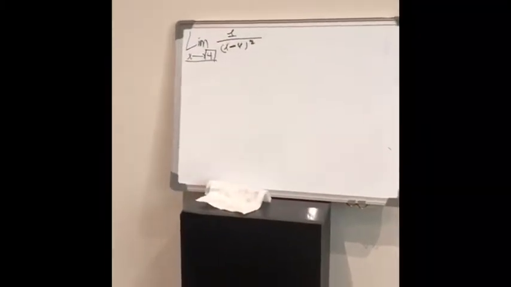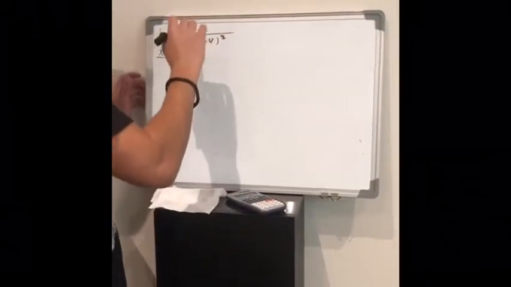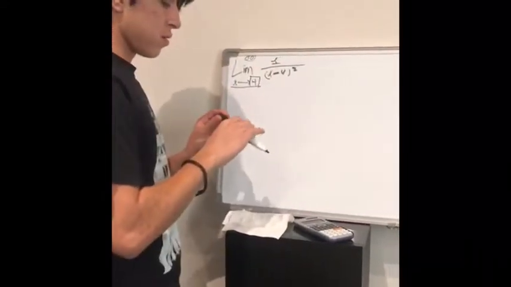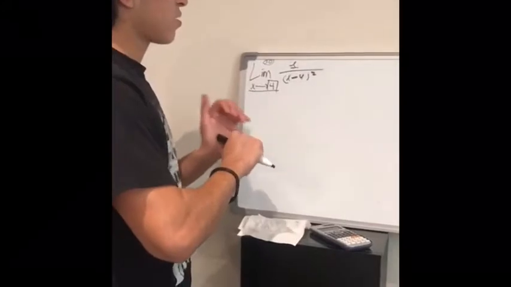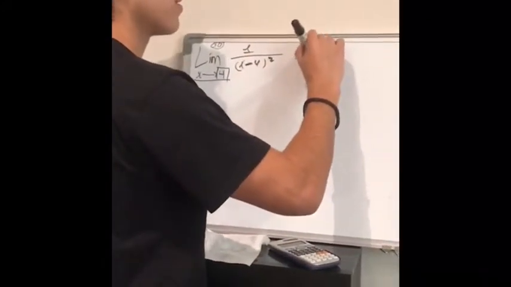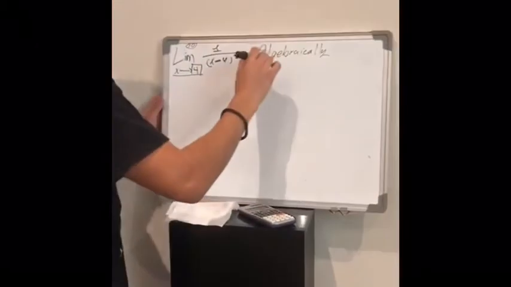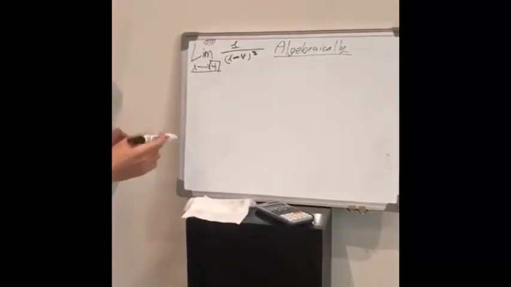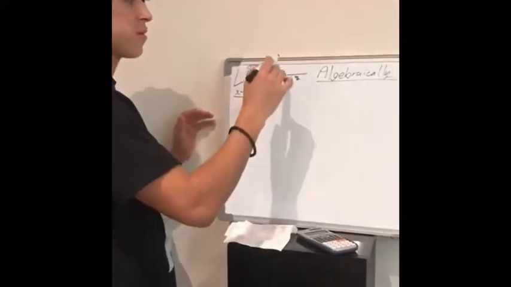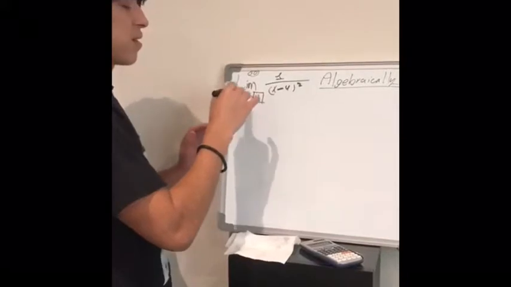Okay, so I'll explain this problem. That is problem number 30, I think. Doesn't matter. So we need to solve this problem algebraically. So the first step in every limit problem is that you'll need to plug in the number when x equals something.